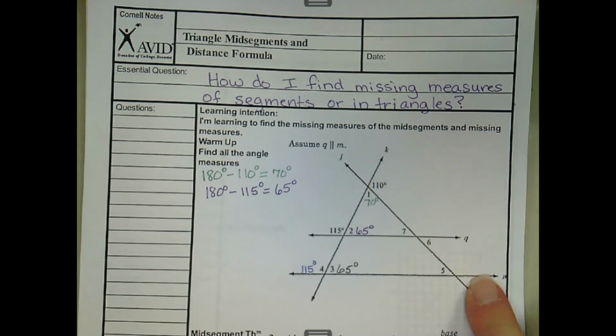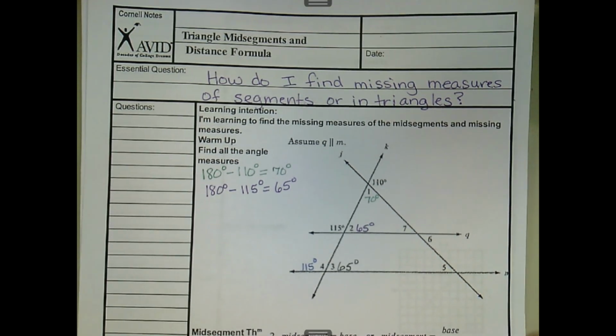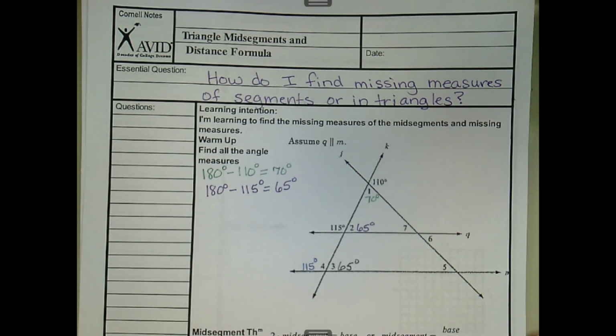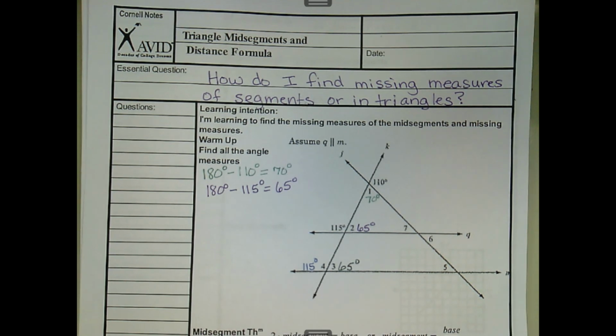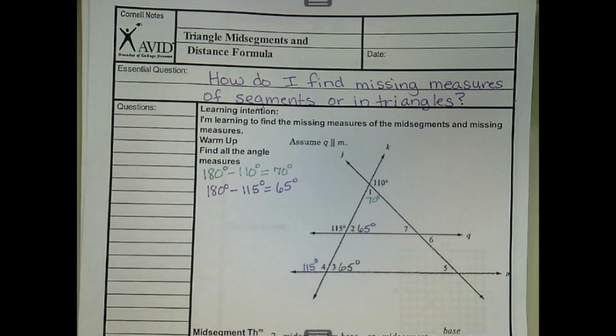Okay, that leaves these on this side. So I have to think harder. Okay, what do I know and how am I going to use that? Well, I see I have a triangle. Triangle sum theorem tells me the angles of a triangle add up to 180 degrees.